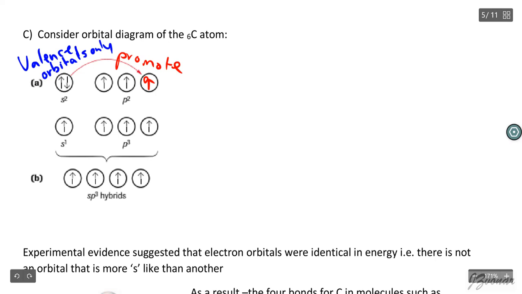And so what happens is now all 4 of these orbitals blend together to form an sp3 hybrid. Okay, and the sp3 hybrid has a very special shape, and you guessed it, it is called tetrahedral.